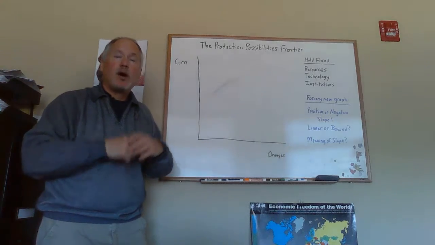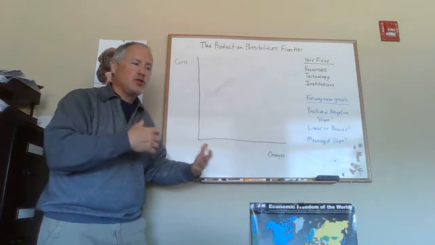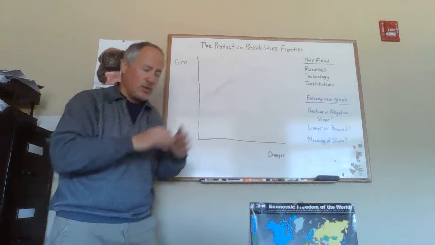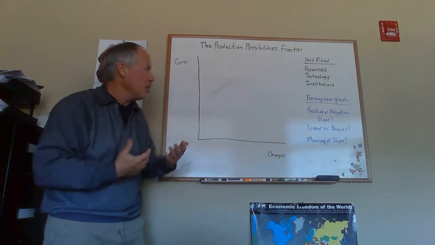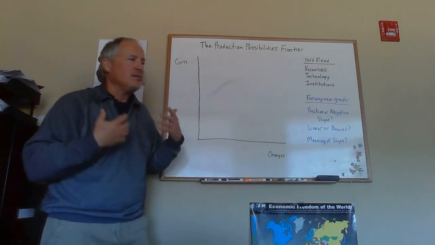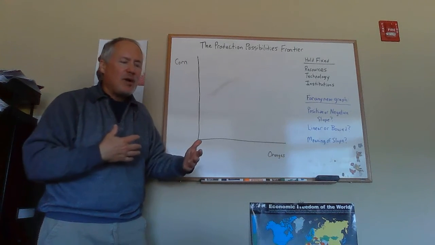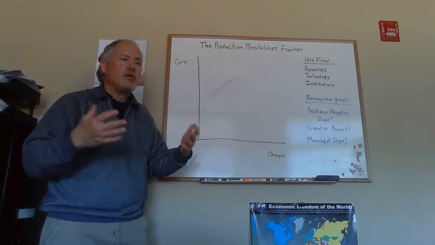Technology refers to our ability to convert those inputs into the goods and services that we want to consume. So technology would mean, how much output do we get for a given amount of input?